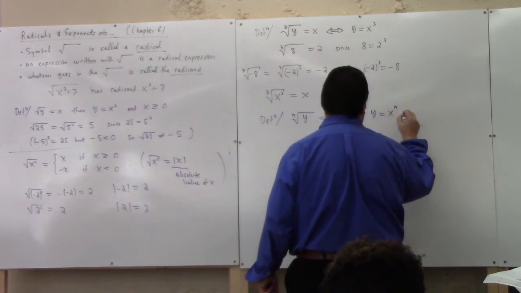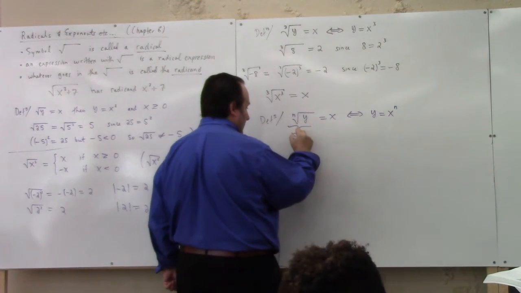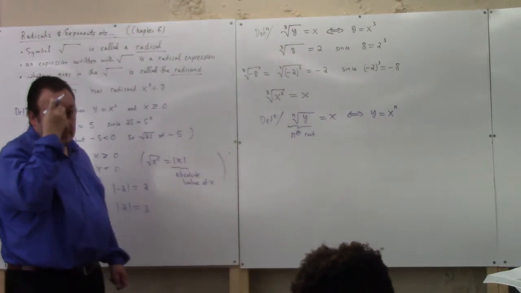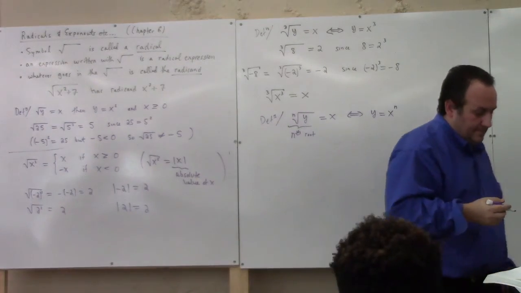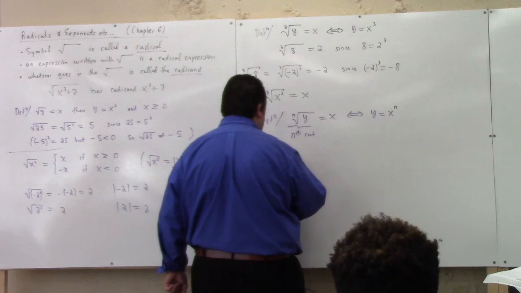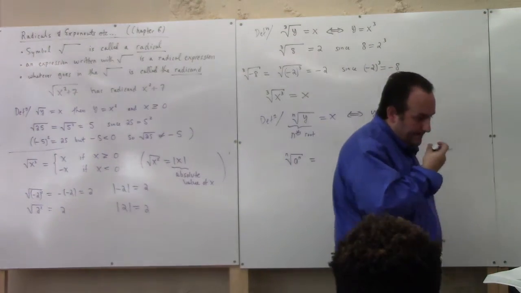So this is the nth root. And here's the story: if you take the nth root of a to the n, what do you get?